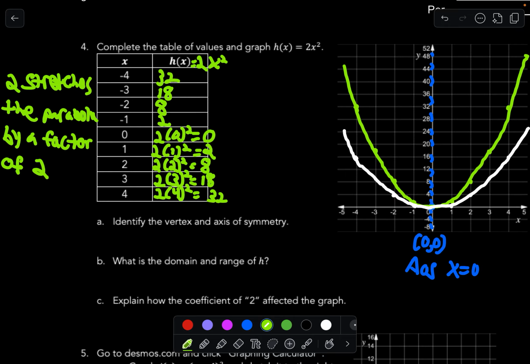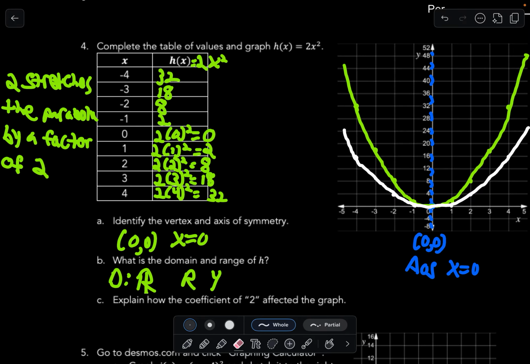Okay. The vertex and axis of symmetry, I already identified it. 0, 0, x equal to 0. What is the domain and range of h? Domain, all reals. And the range is y, I guess I could say h of x is greater than or equal to 0.